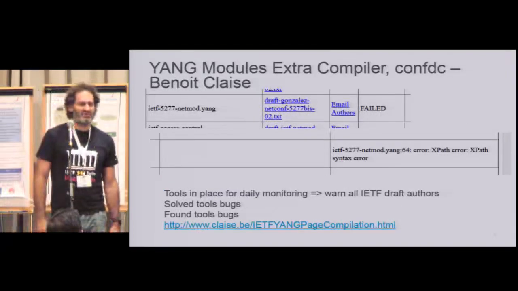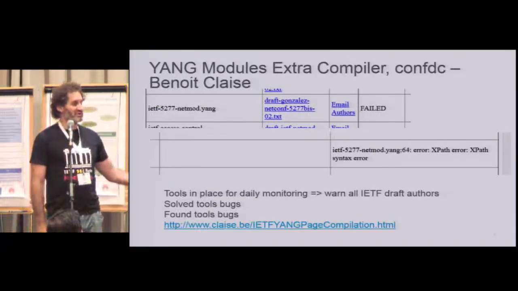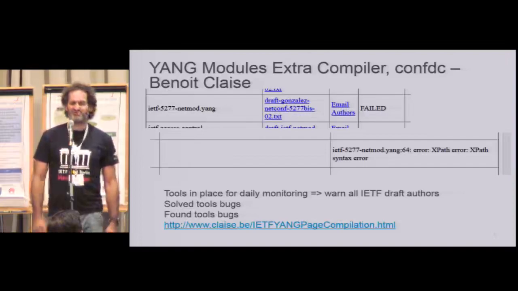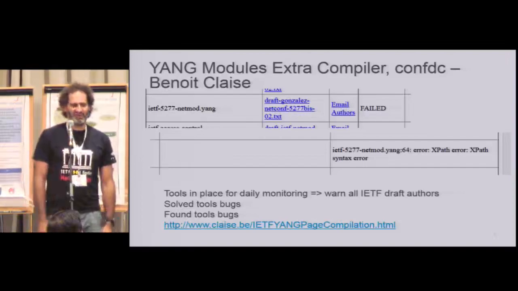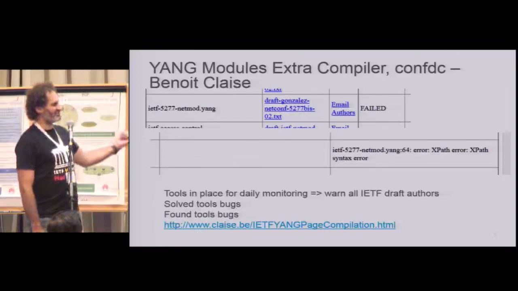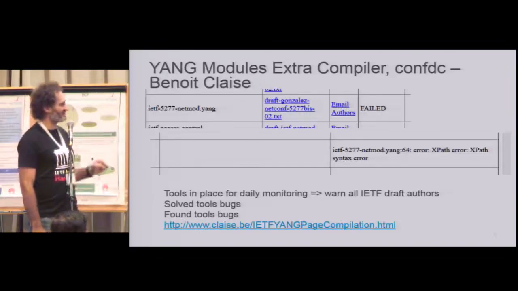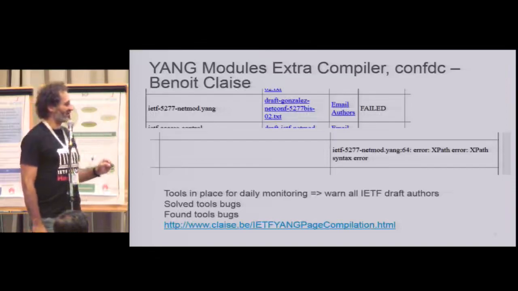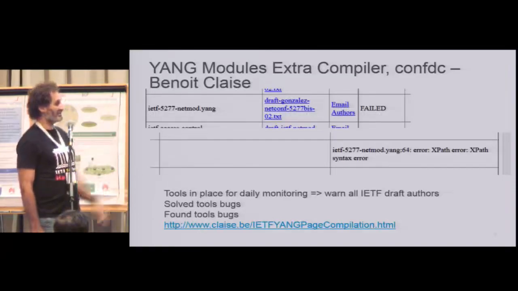Now, when I mention having a new compiler, that's also what I have on my website. So what I've been doing is a lot of scripts so that every single morning I wake up and look at the diff of the day before, comparing all the IETF drafts, and I'm just sending emails to the authors: your YANG modules don't compile. What I've been adding is yet another compiler there.